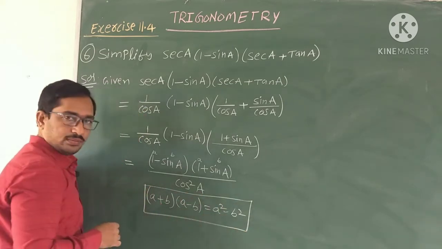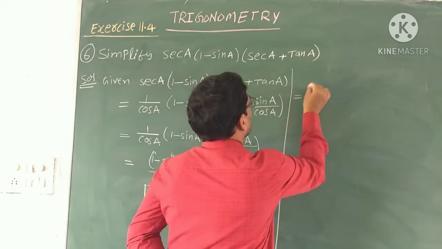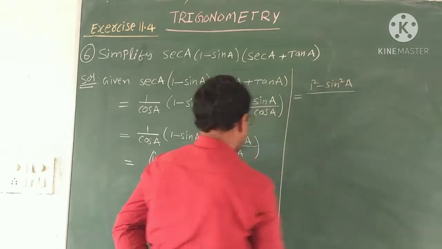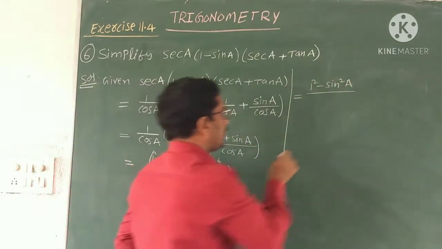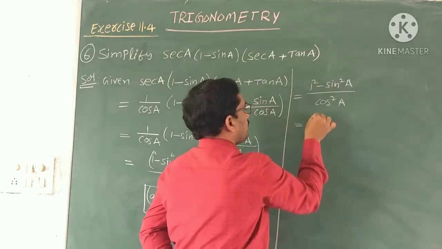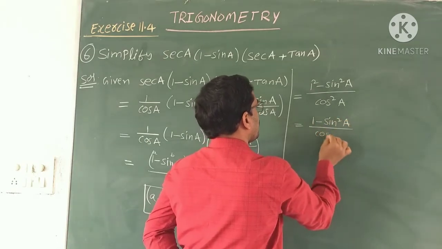So 1 square minus sin square A, by the denominator cos square A as it is. So 1 square is 1, minus sin square A, by cos square A.